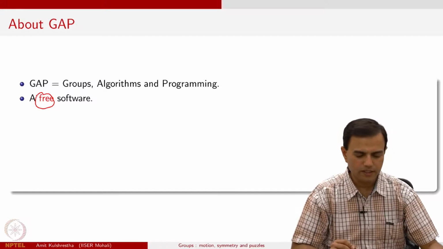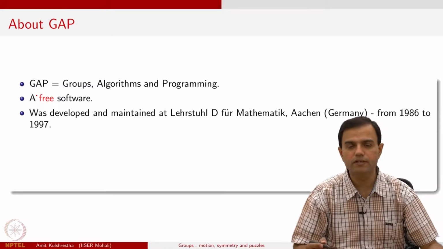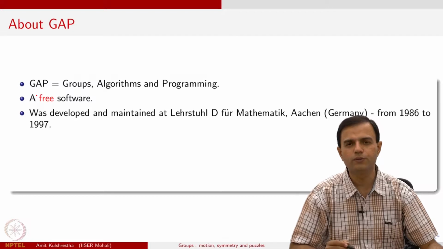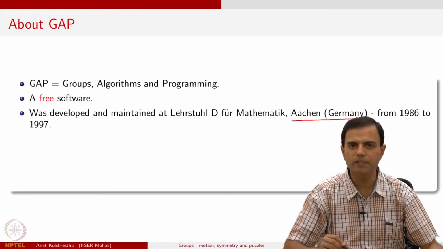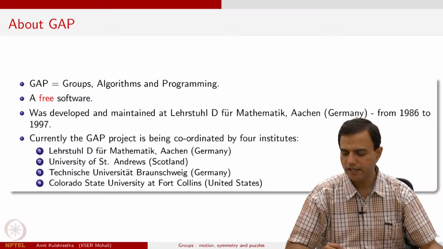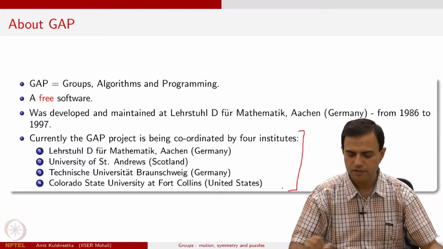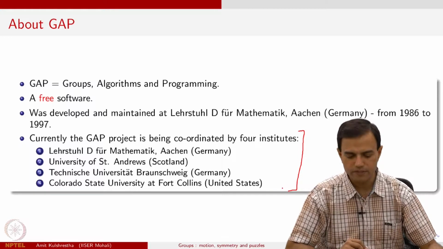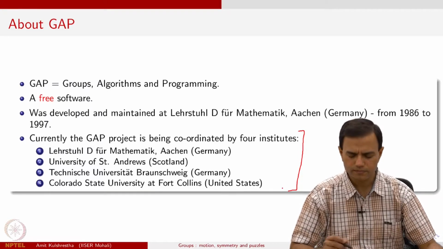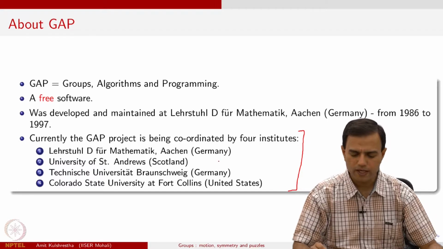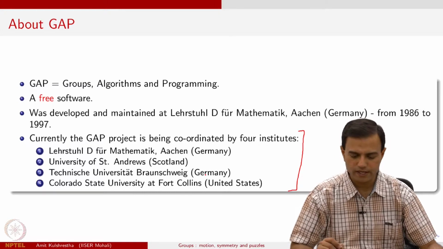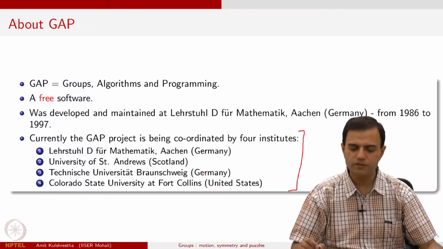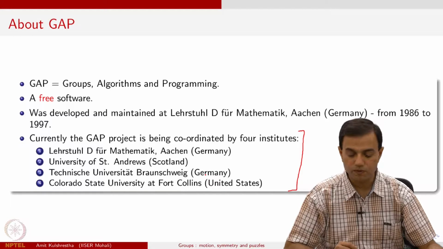You can use it in various operating systems, Windows, Linux, Mac, and this software was maintained earlier at a place in Germany, Aachen, and currently there are 4 places all across the world through which this project is being coordinated. So Aachen, Braunschweig in Germany, St. Andrews in Scotland and Fort Collins in United States. So these 4 places are maintaining this software.